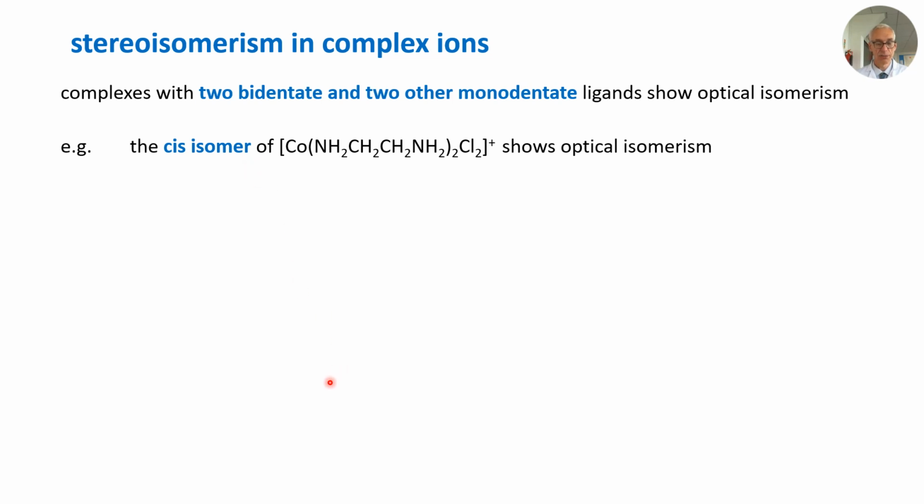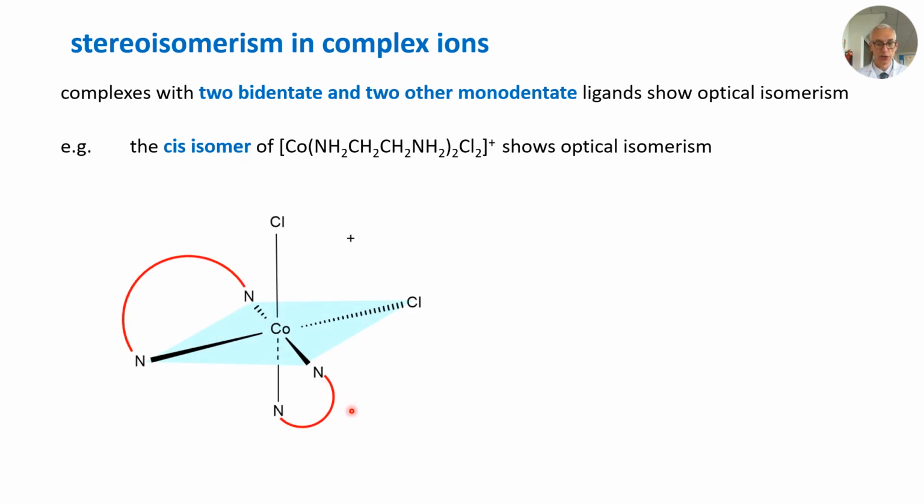Now the cis isomer I reproduce here. So we've got the chlorines with a bond angle of 90 on the same side of the structure. Pause.